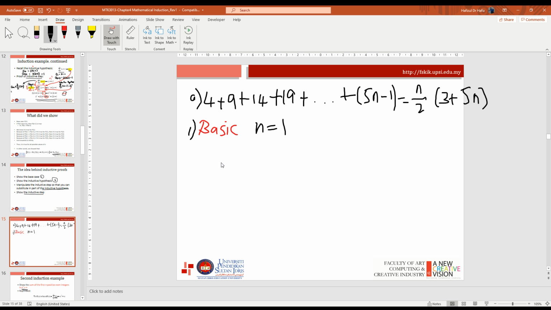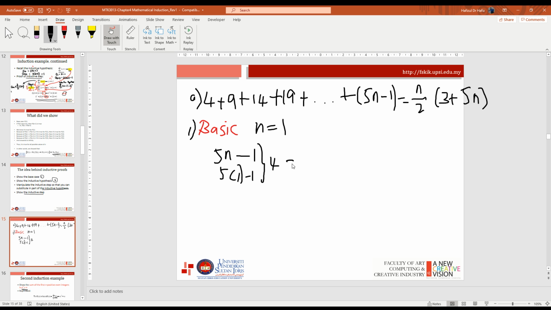So n equivalent to 1, we have 5n minus 1, we got 5n minus 1 is equivalent to 5 times 1 minus 1, which is 4. Okay, and then here we got 4.